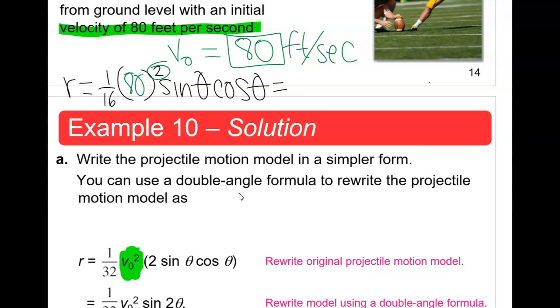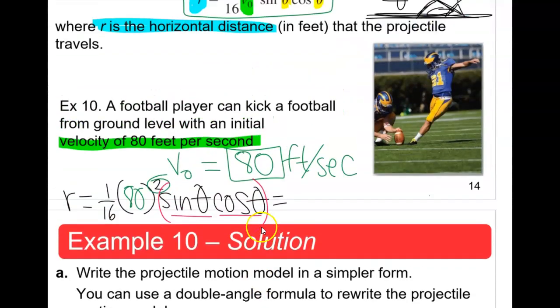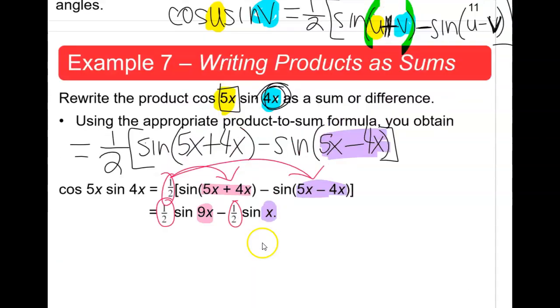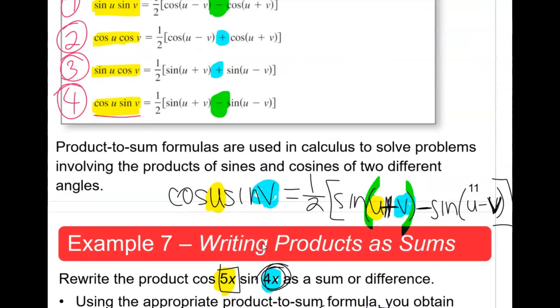So instead, what we are going to do is try to think of an identity that contains sine and cosine. And I don't want you to think about all the difficult ones, such as the product to sum. I'll show you which one, sine, cosine. We don't want this one.